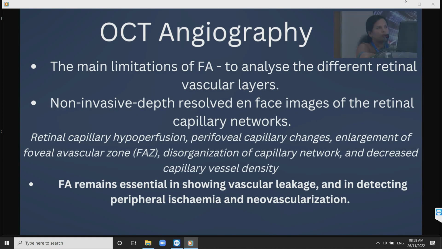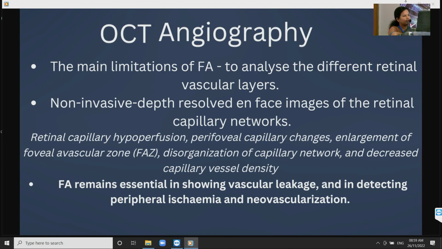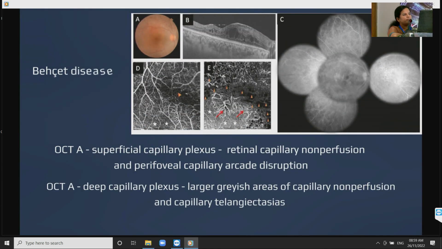A word about OCT angiography. It's a non-invasive, depth-resolved, fast imaging of retinal capillary networks. FFA is still essential for detecting vascular leakage and detecting peripheral ischemia and neovascularization. This is a picture of Behçet's OCTA.